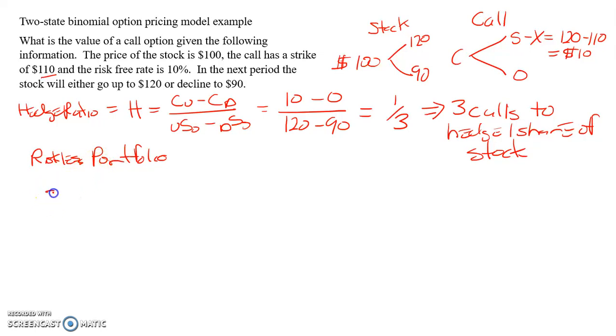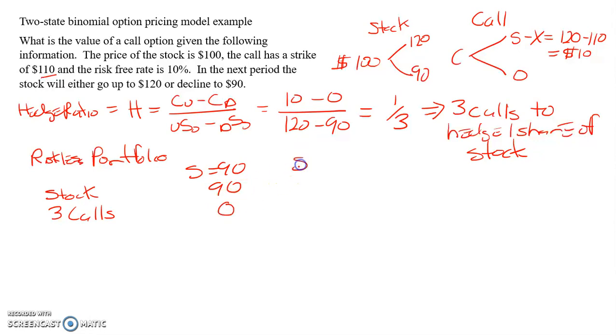So we're going to have 1 stock, and then we're going to have 3 calls. Then we have the stock equal to 90, so the value of the stock is worth $90. This is the downstate, so the calls are worthless in the downstate. See that?